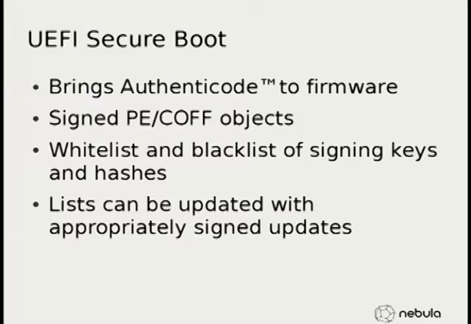Authenticode is the signing technology used by Microsoft in Windows. Drivers for Windows are signed with Authenticode for WinQual purposes. Binaries can be signed for the untrusted binary. This binary was provided by this company, all that kind of thing. So you now can just apply this to the UEFI executables themselves.